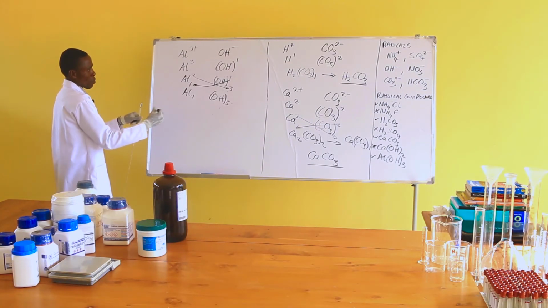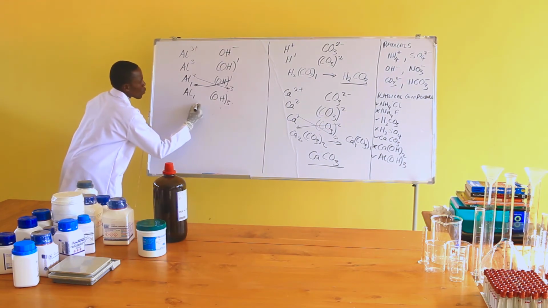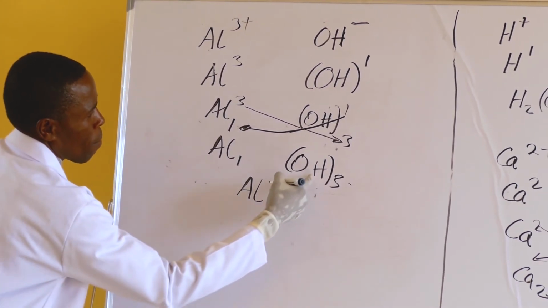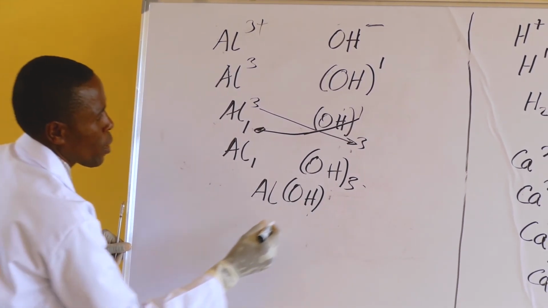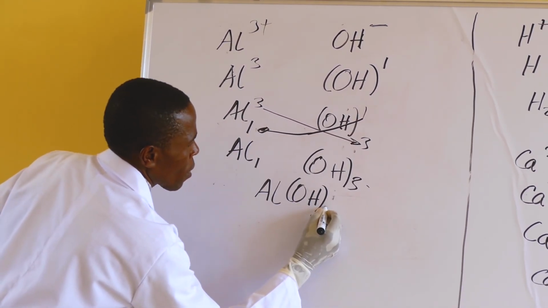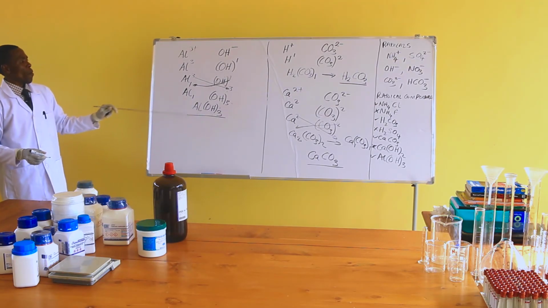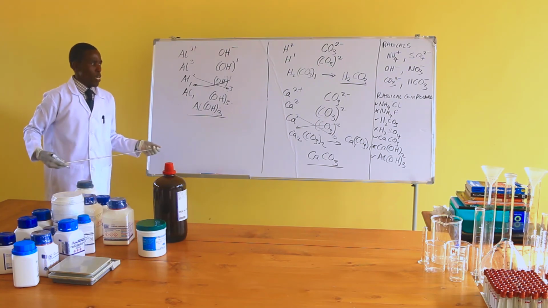When we combine the two, 1 will not be written but 3 will, so it will be aluminium with no number, and hydroxide having a valence of 3. So this is what is called aluminium hydroxide.